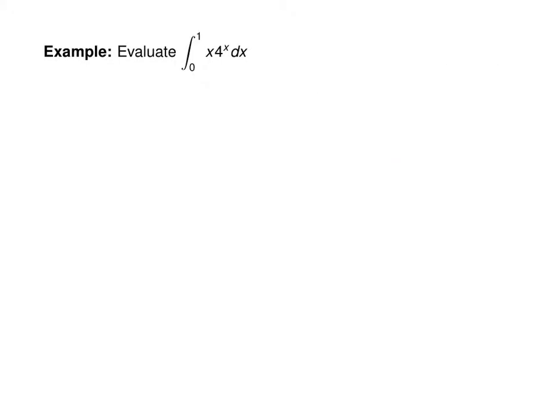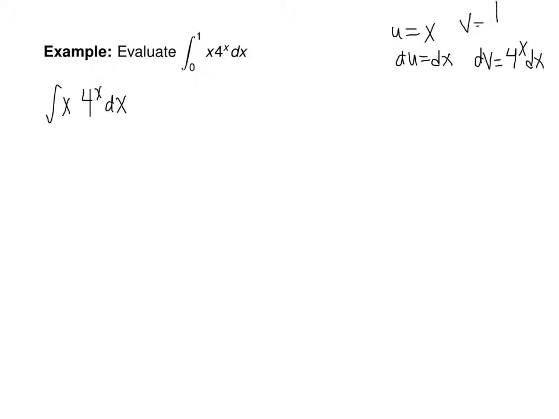Next, let's find the area under the curve x times 4 to the x. So once again, I'm just going to find the antiderivative of x 4 to the x dx. So if we let u equal x, du is equal to dx. If dv is 4 to the x dx, you have to remember what the antiderivative of 4 to the x is.